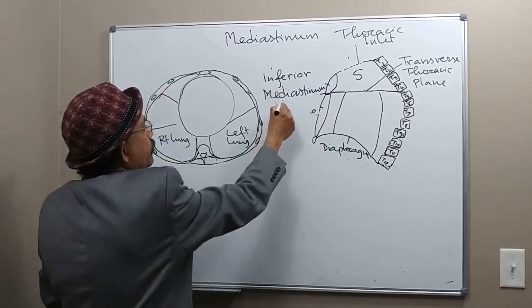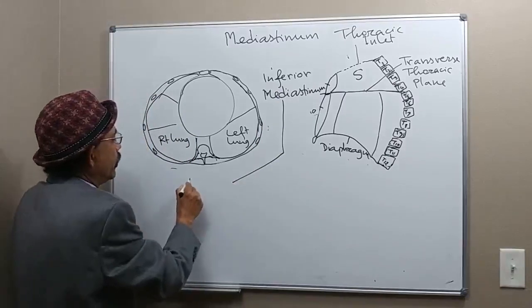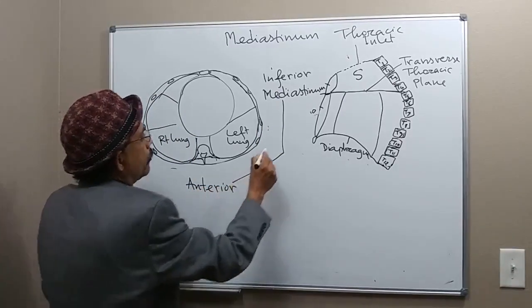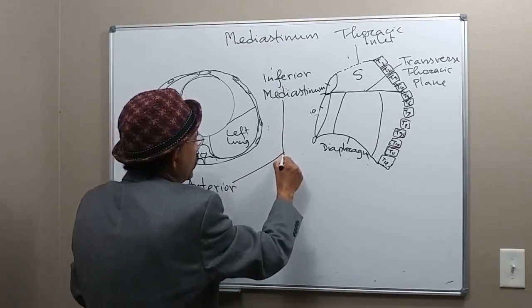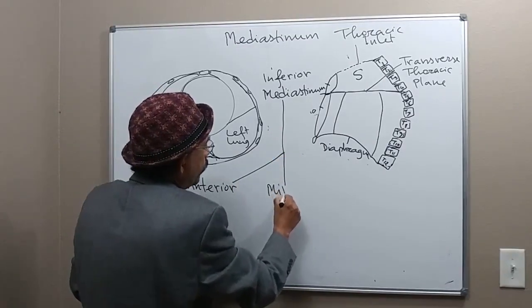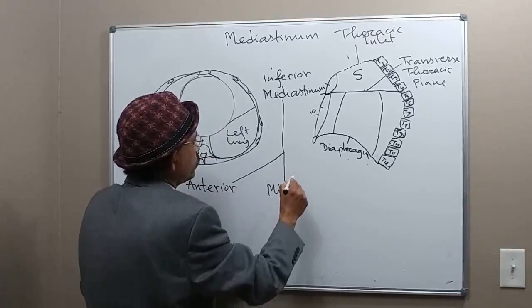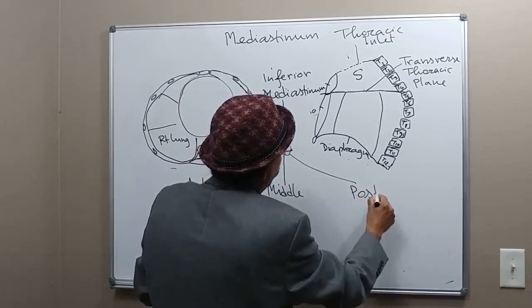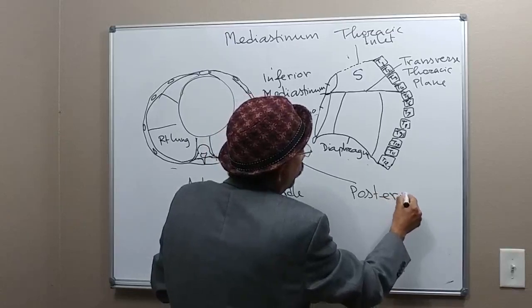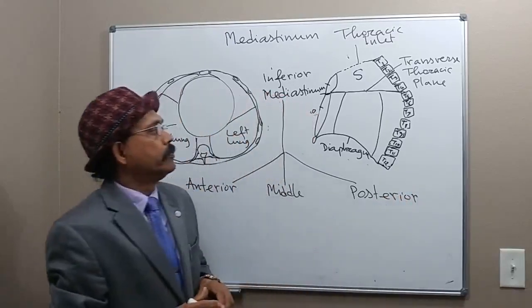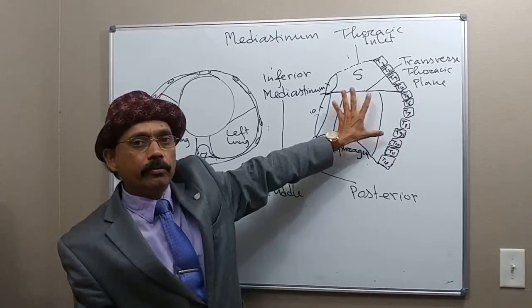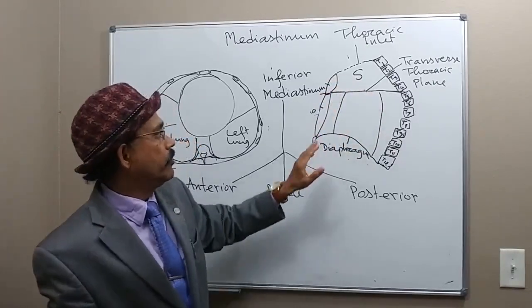What are the divisions of inferior mediastinum? We have the anterior mediastinum, the middle mediastinum, and the posterior mediastinum. So this part is again divided into 3 subdivisions.